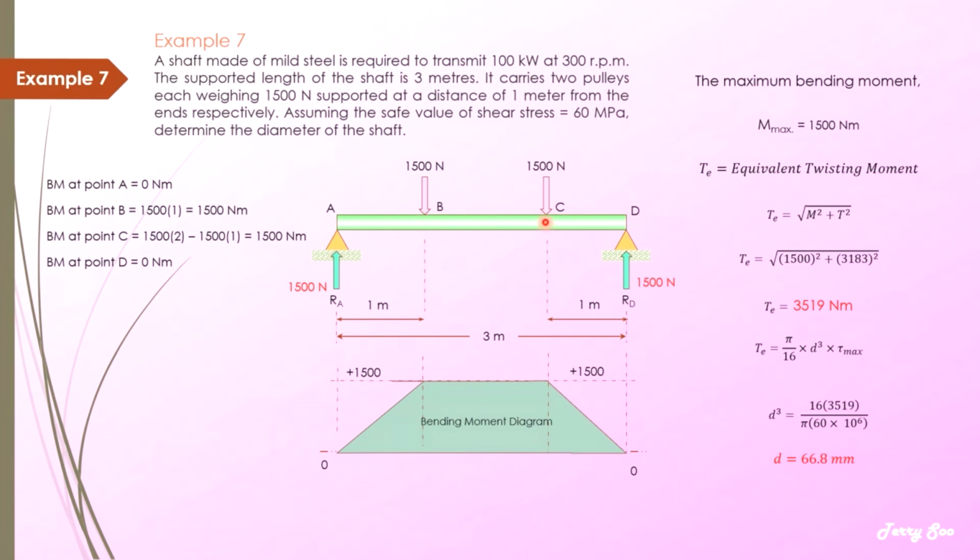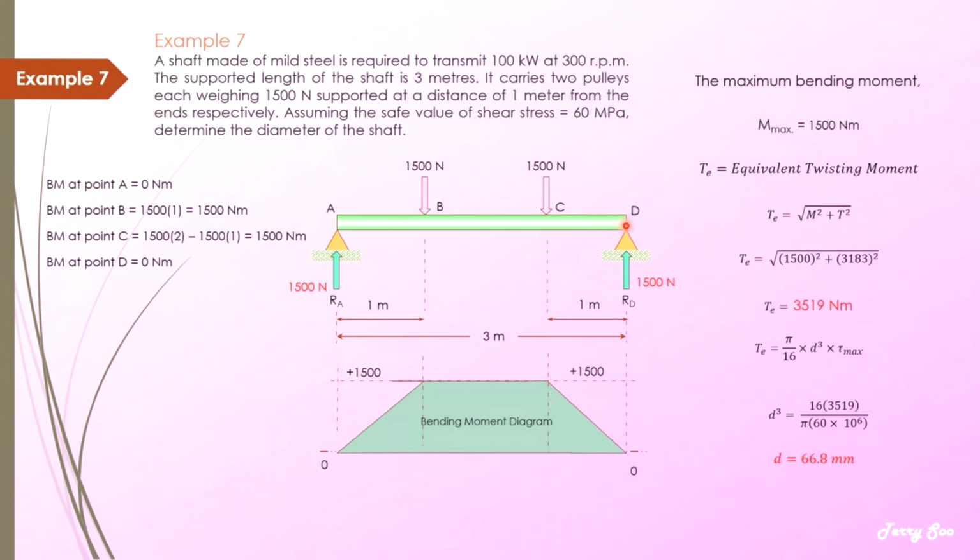Then at point C, you have 1500 times 2 meters, which alone will cause the shaft to bend upwards. The other 1500 times 1 meter, referred to alone, will cause bending downwards about point C. So this is positive and this is negative, which gives you a net bending moment of 1500.